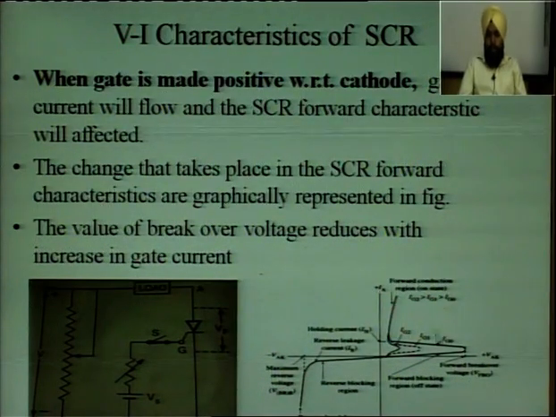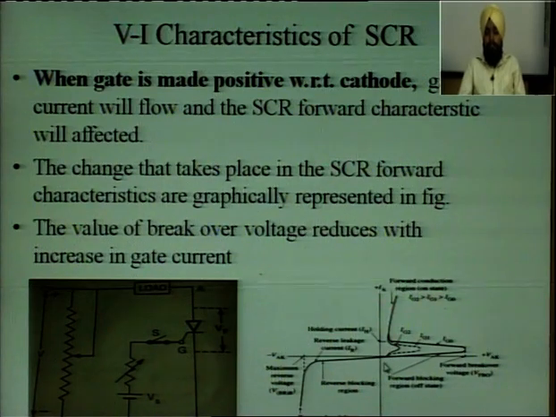So, we will discuss this third case, that is gate is made positive with respect to cathode and thyristor is forward bias. So, in this case what will happen?